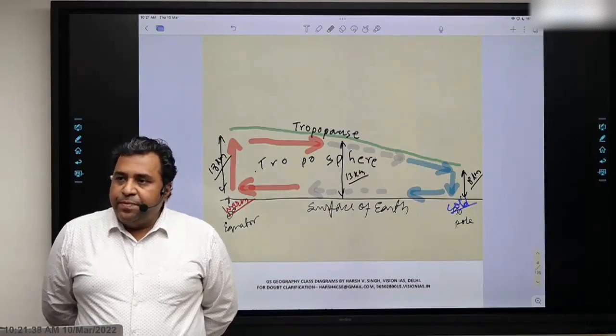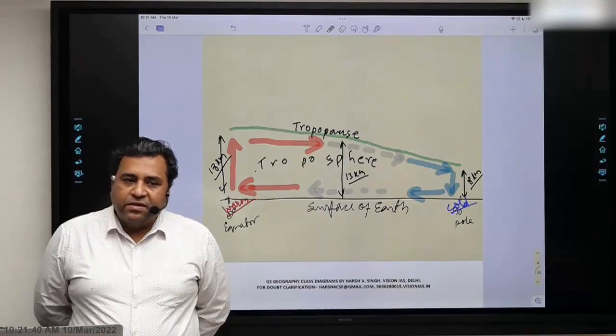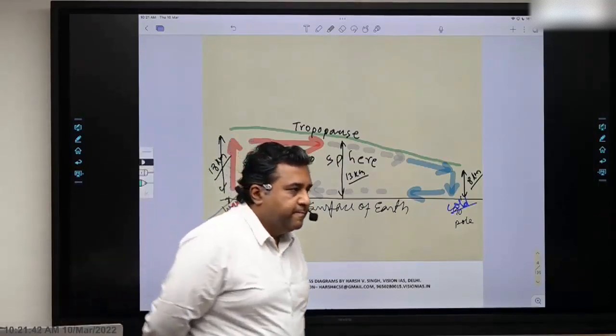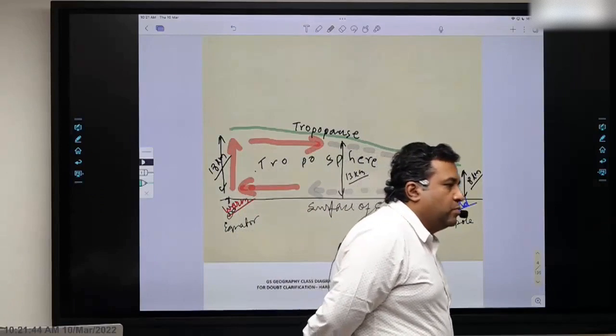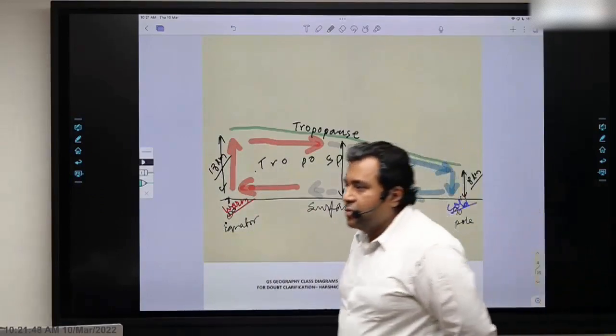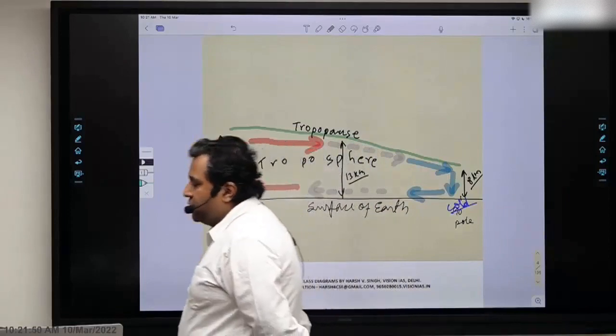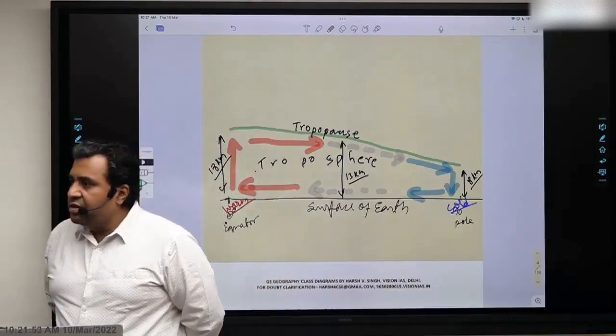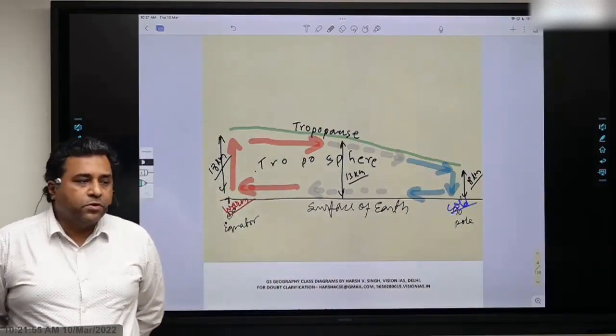Also, this upper limit of rise is known as, what do we call this? Tropopause. This upper limit of rise is known as tropopause.